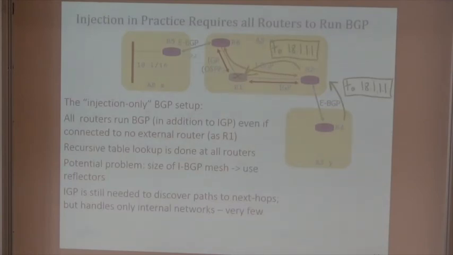You don't want to load it with the millions of table entries of BGP. If you still want to do a clean thing where R1 does not run BGP, and you would like to not do redistribution, are there other ways that would still work? Any idea? Yes?